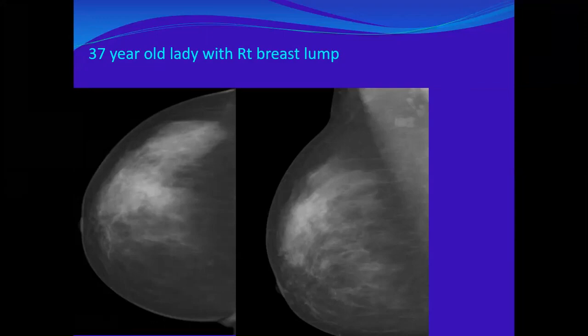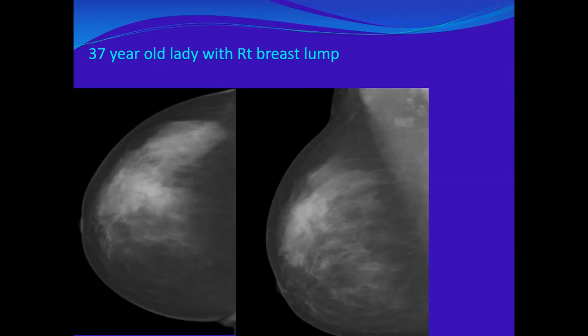There are multiple lymph nodes. I could identify the hilum within these nodes. For me, they are suspicious. Who is talking? Sarah. Okay.